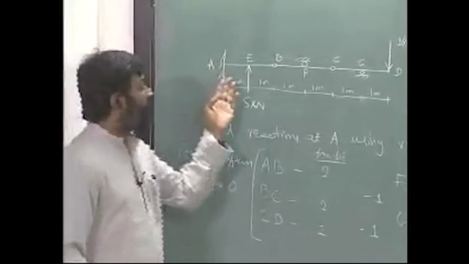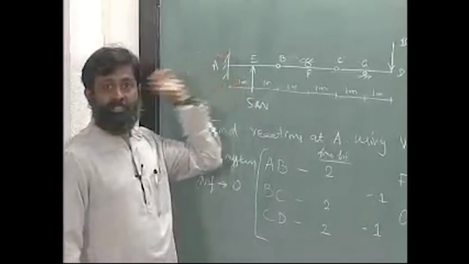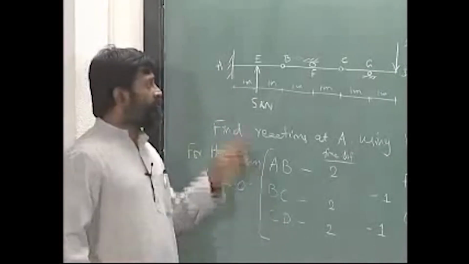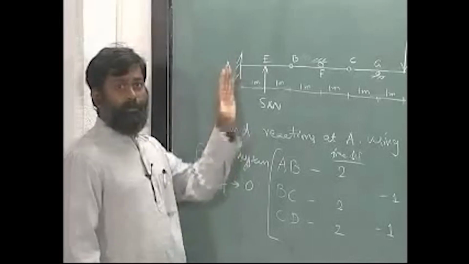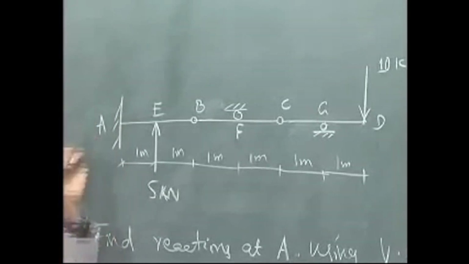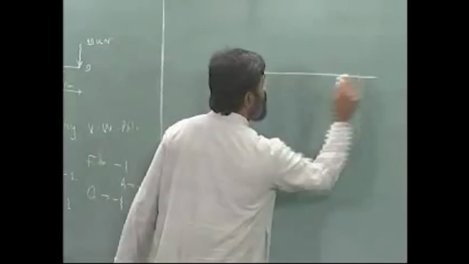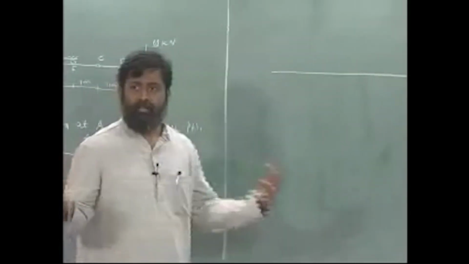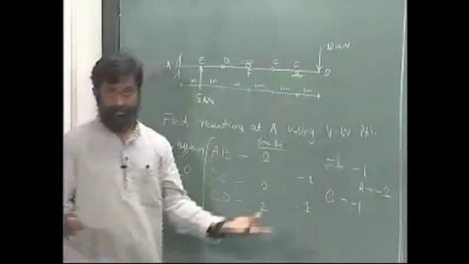Now I want to find out the support reaction. If I have to find out the support reaction, we have already found out the vertical reaction, we need to find out the moment reaction. How do I find out the moment reaction? Very simple, I will start with the same kind of notion. The total degrees of freedom for this is equal to 0.